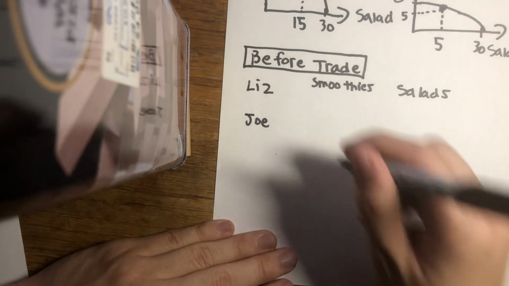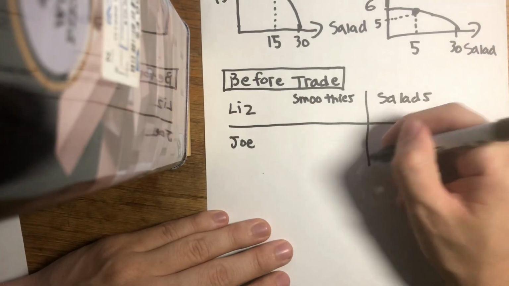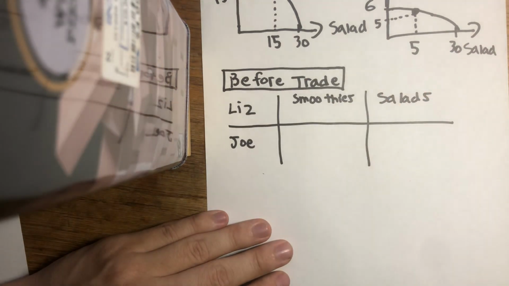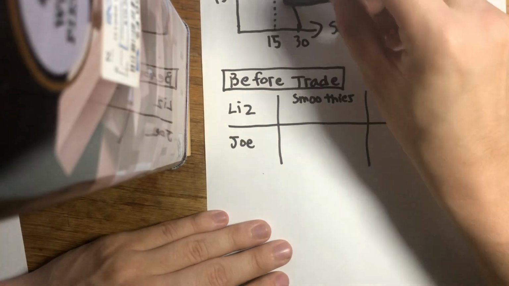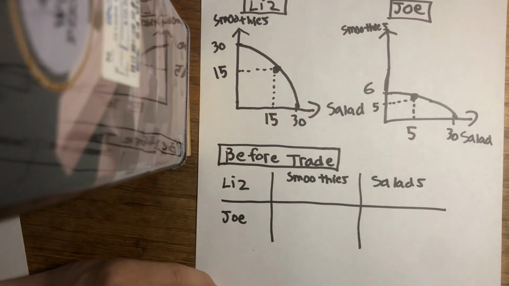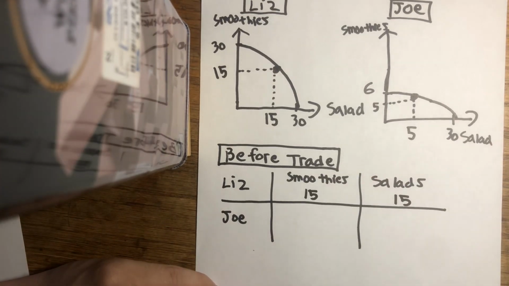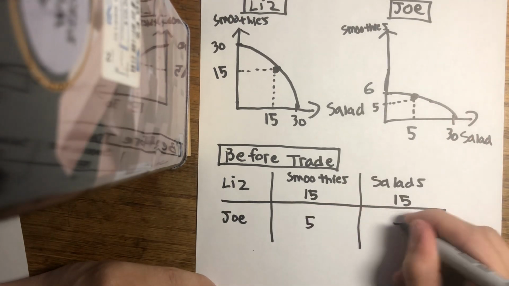Now, in this case, this is what would happen if they only produced by themselves without any help. So let's look at this graph. Liz can produce 15 and 15. So this is 15 and 15. Joe can produce 5 and 5. So this is 5 and 5.